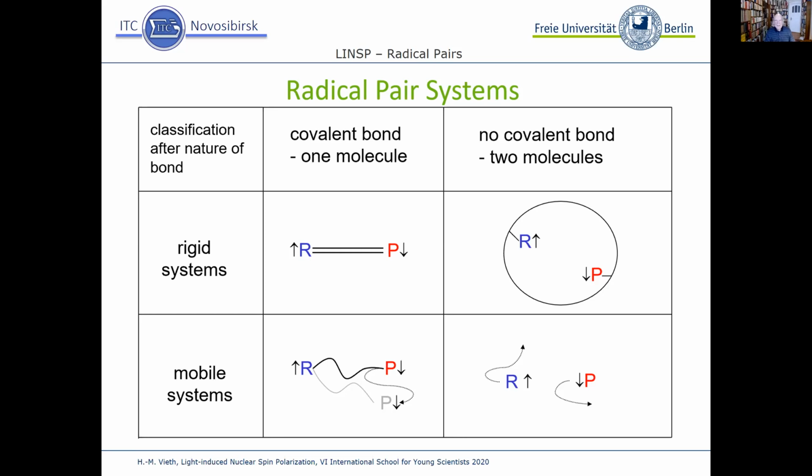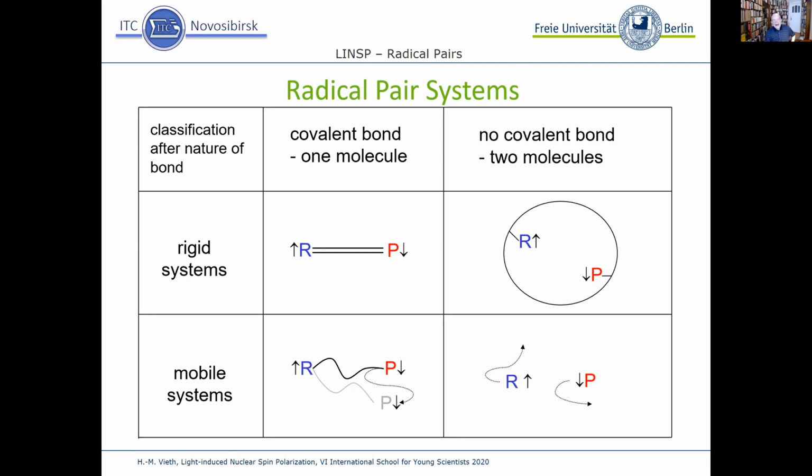Or it can be in 1 molecule. You can create 2 sets, 2 radicals. So we get a biradical in the solid state. That's shown on the left-hand side.